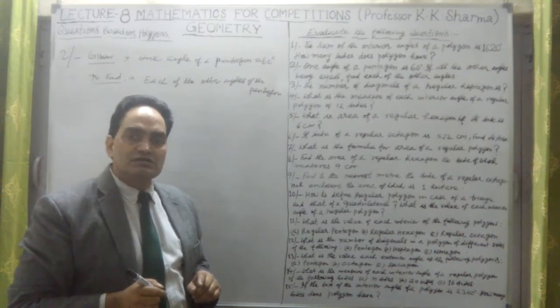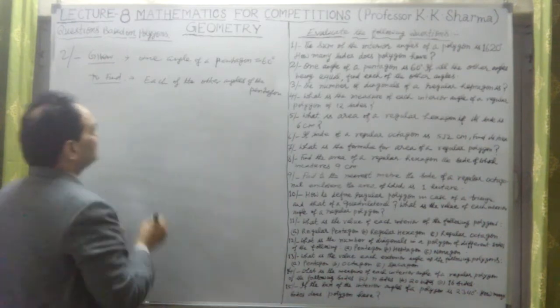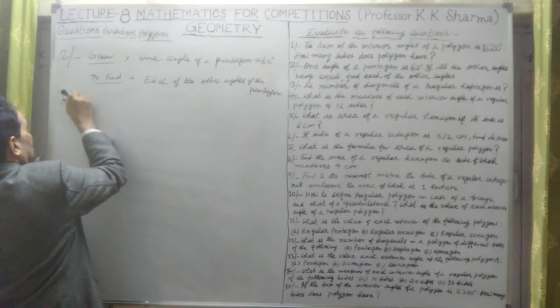Now we know that the sum of the angles of a pentagon is equal to how much? Let me find out that solution. So here, solution.